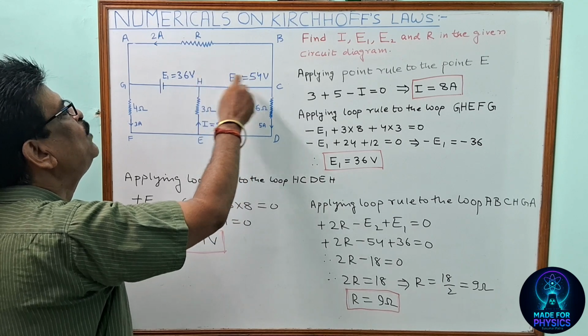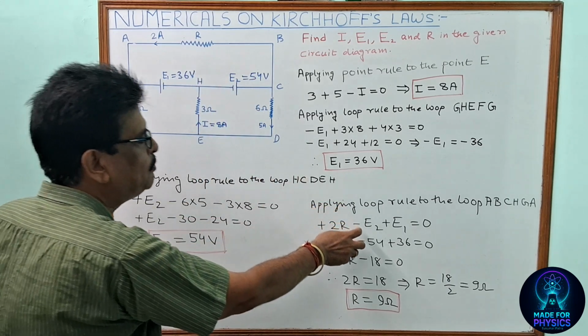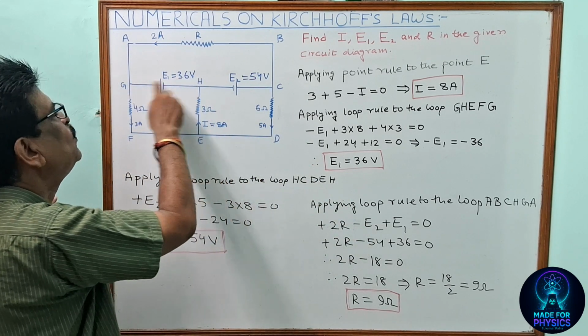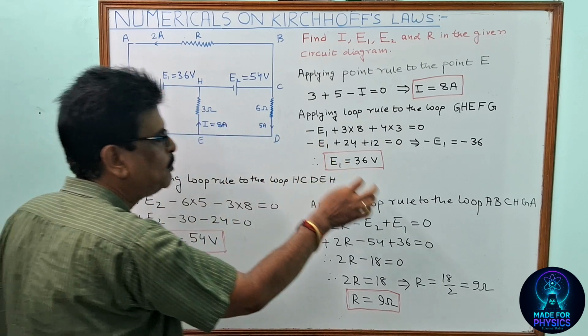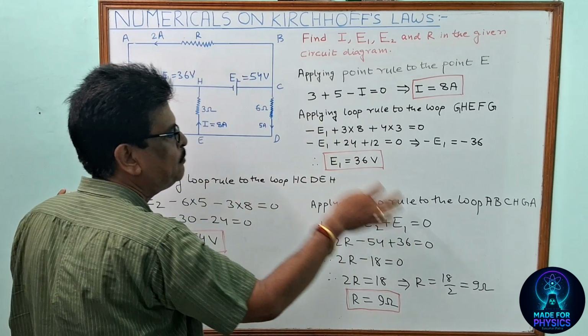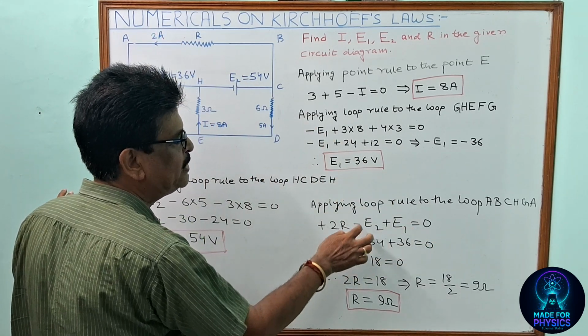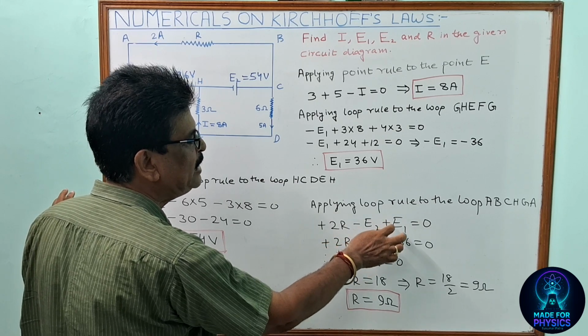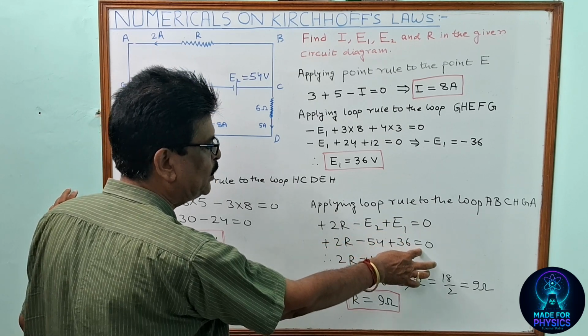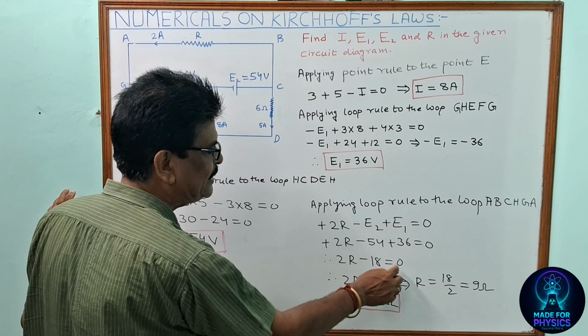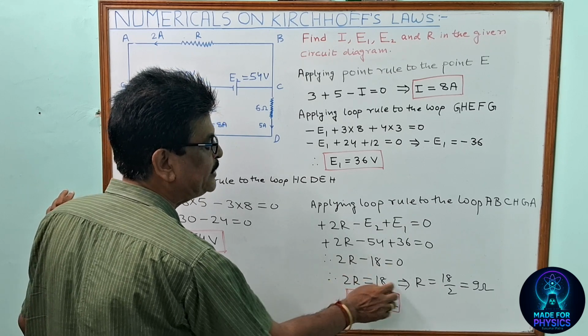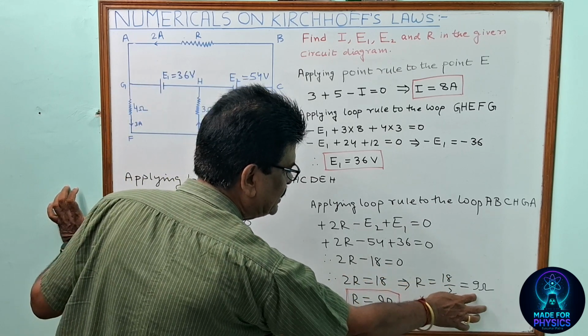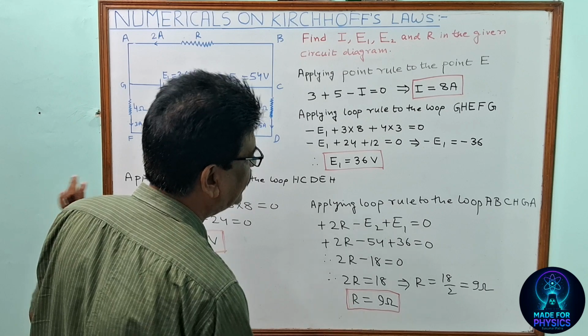Then here we are moving from positive to negative, so minus E2. Here we are moving from negative to positive, so plus E1. Back to the same point is 0. So 2R minus 54 plus 36 is equal to 0. So 2R minus 18 is 0. Therefore 2R is equal to 18 and R is equal to 18 by 2, that is 9 ohm. Therefore we get R as 9 ohm.